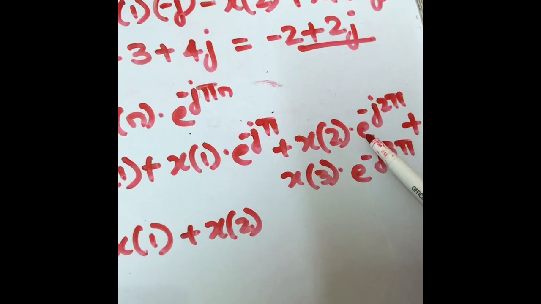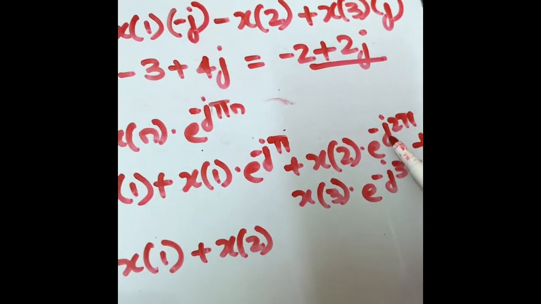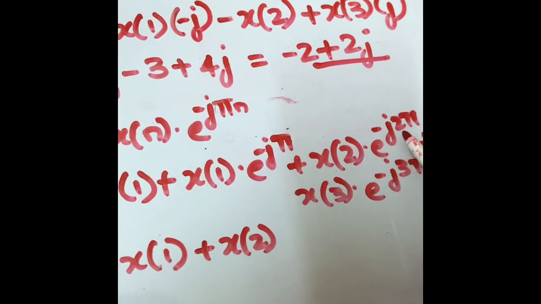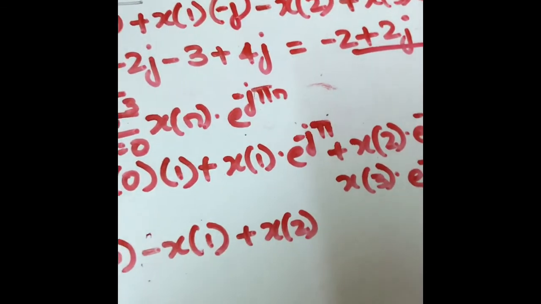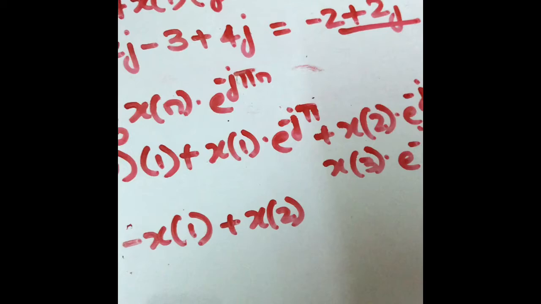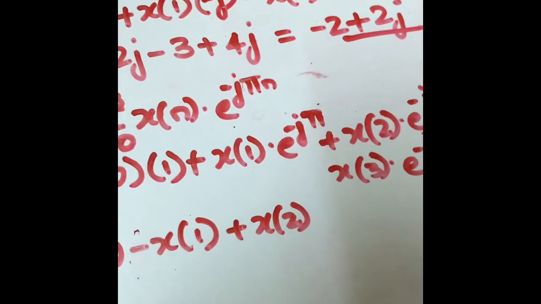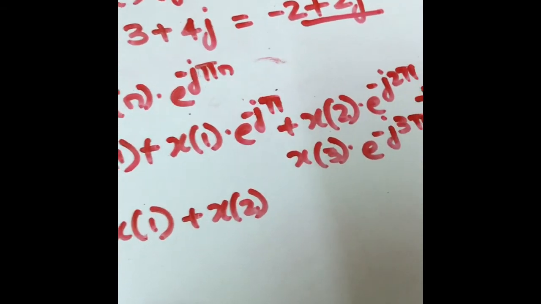Similarly, for e raised to plus j 2 pi or minus j 2 pi, the value will always be plus 1. That is, for odd multiples of pi, the value will be minus 1, and for even multiples of pi, the value will be plus 1.